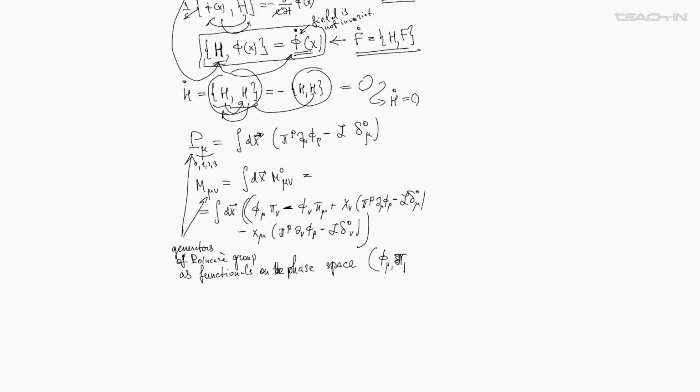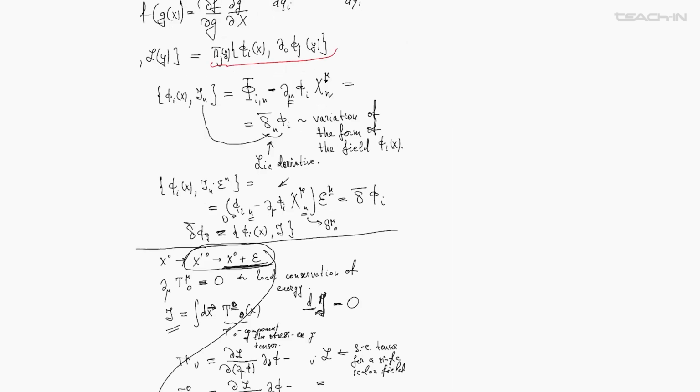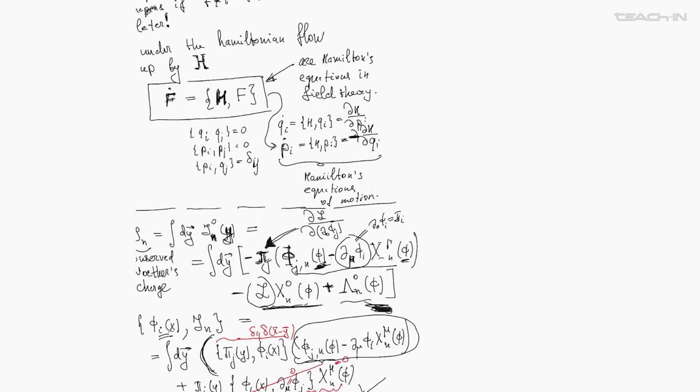And even more to that, since now you understand these generators of the Poincaré group as functionals on the phase space, you can compute the Poisson brackets between them as between functionals on the phase space by using our fundamental Poisson brackets between the fields and momenta. So these objects here.